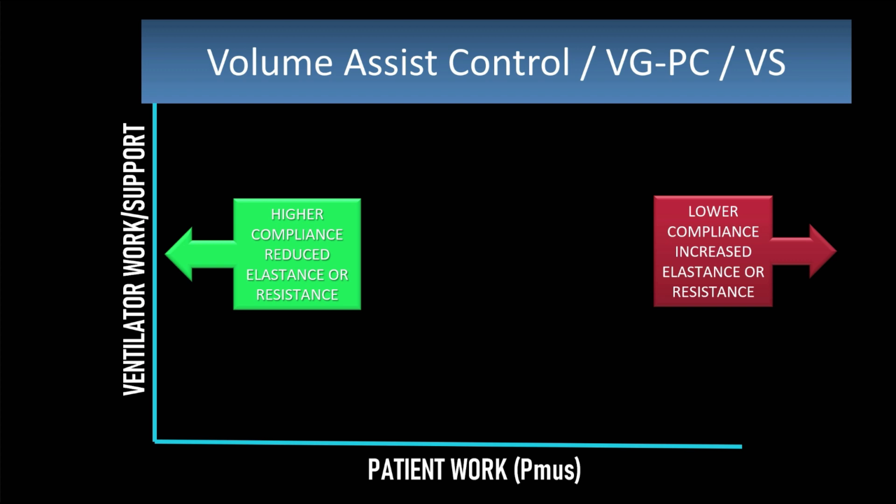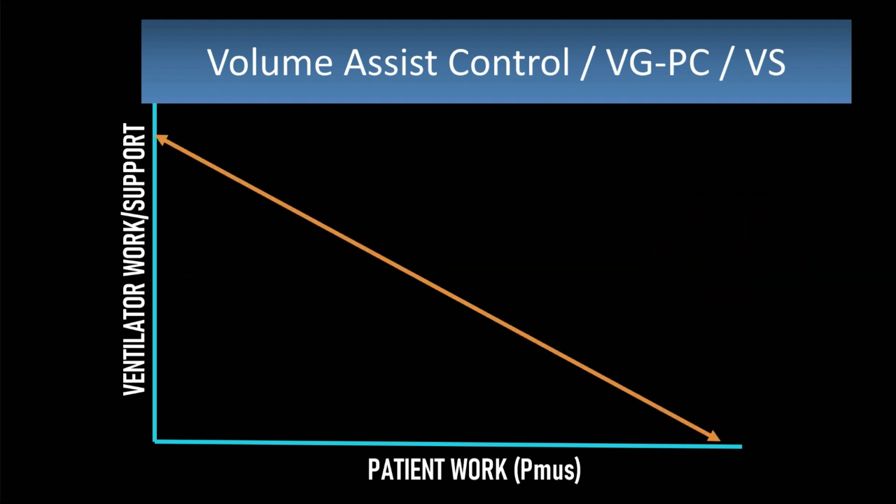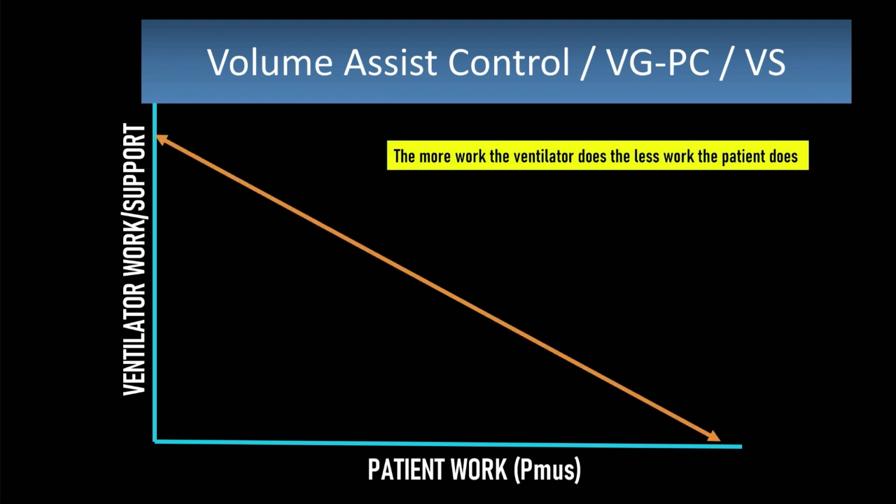Moving to the left, the compliance is going up and the resistance is going down, so the workload for the patient is reduced. So you can map the ventilator's workload versus the patient's workload, and it looks like this in volume control. In other words, the more work the ventilator does, the less work the patient does.